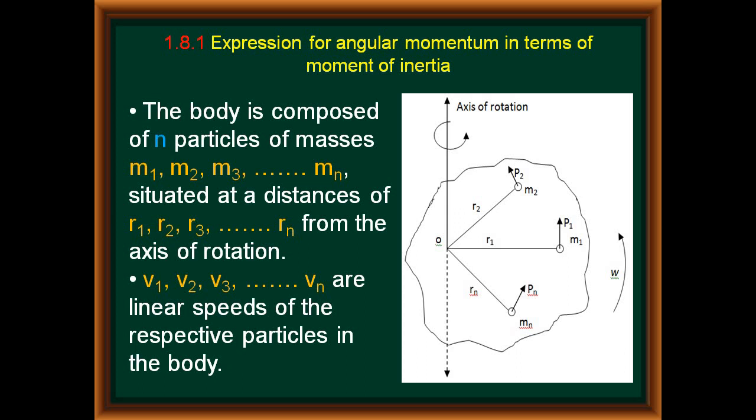The speeds of the respective particles are v1, v2, v3, and for the nth particle it will be vn. In this diagram, we can observe all these quantities. There are other quantities written, that is p1, p2 and pn. P1 represents the linear momentum of the particle having mass m1. P2 will be the linear momentum for the particle having mass m2, and Pn will be the linear momentum for the particle having mass mn. These are some important terms in the diagram.